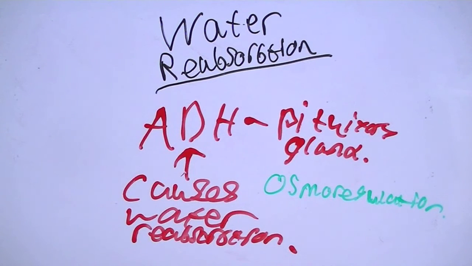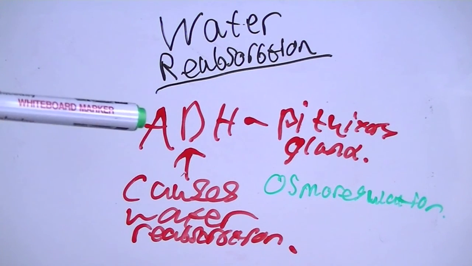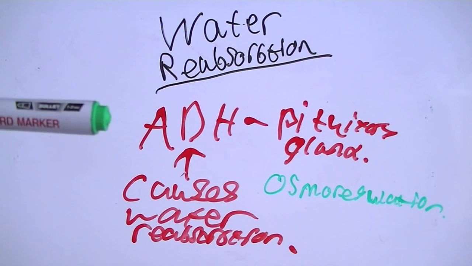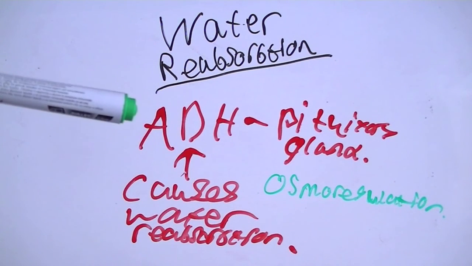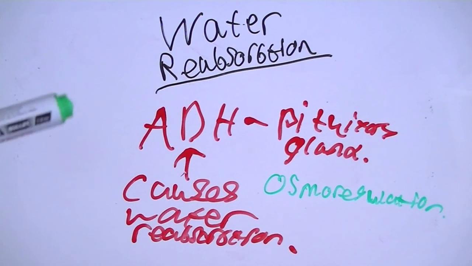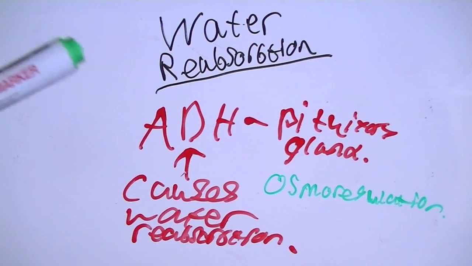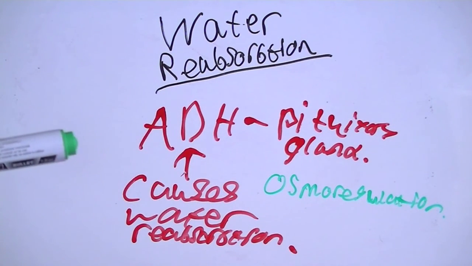So what the body will do is it will say there's too much water in the blood, so it's going to release less ADH, so it's going to lower ADH levels, and as a result, with less ADH, less of the water that goes into the nephron is reabsorbed, so more goes out in your urine. That's why when you've drunk a lot of water, your urine is quite clear.